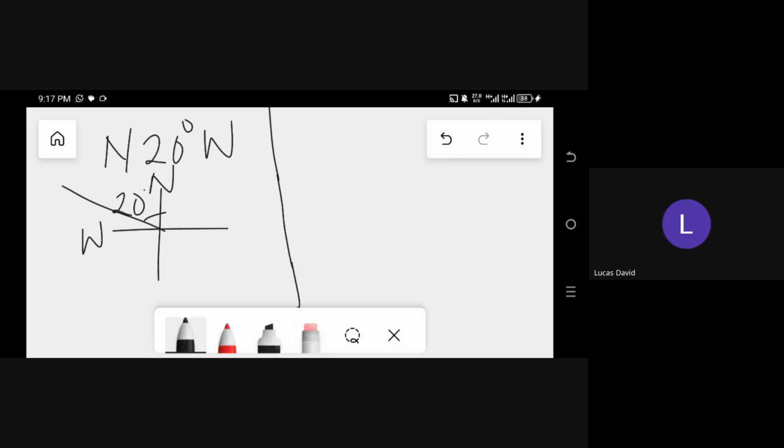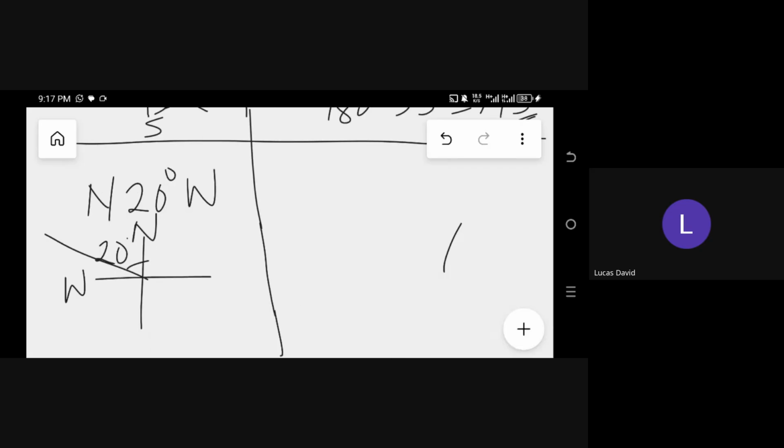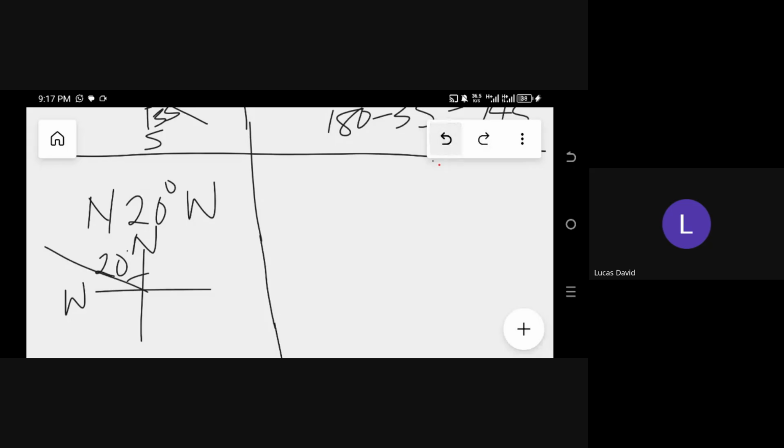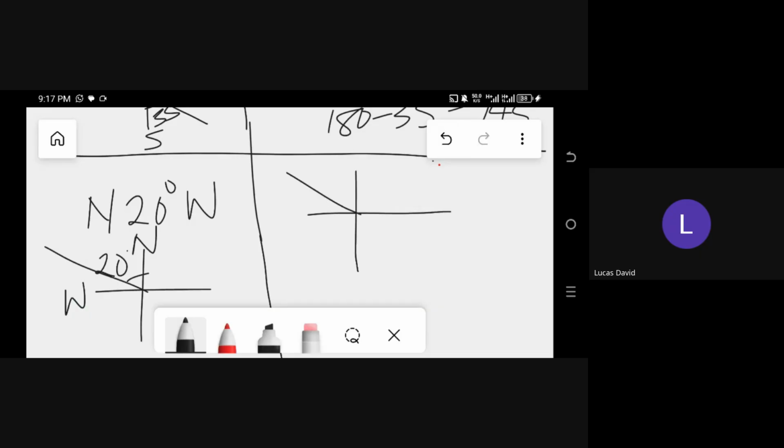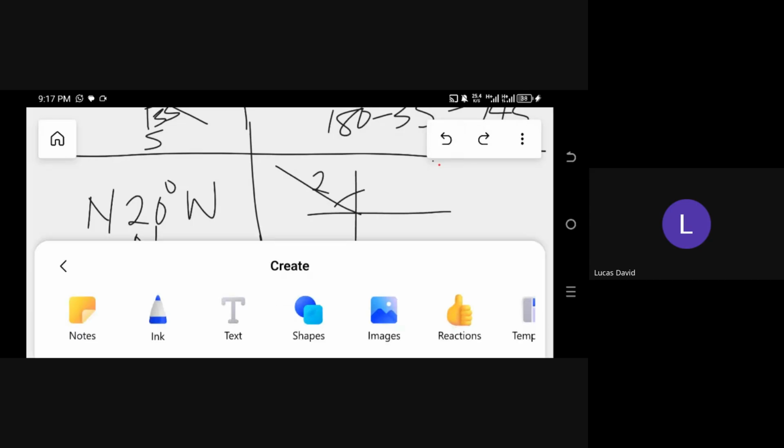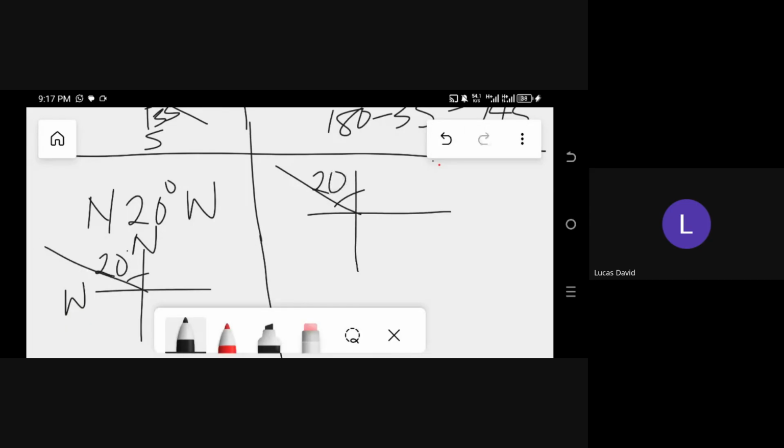Okay, so let's try to change this north 20 degrees west into a 3-digit bearing. So again, we'll write that illustration. We have 20 here. Then I'll mark the line where you have to stop.